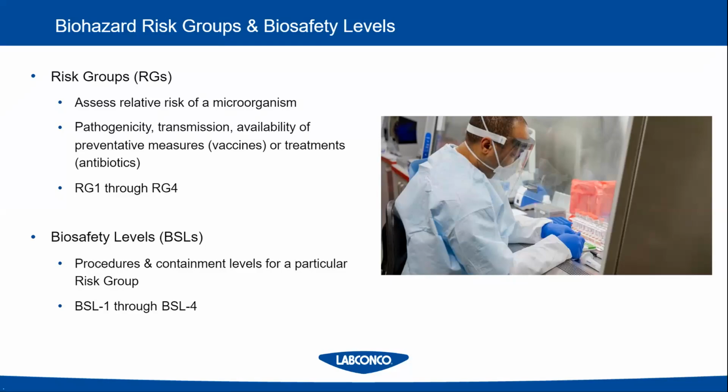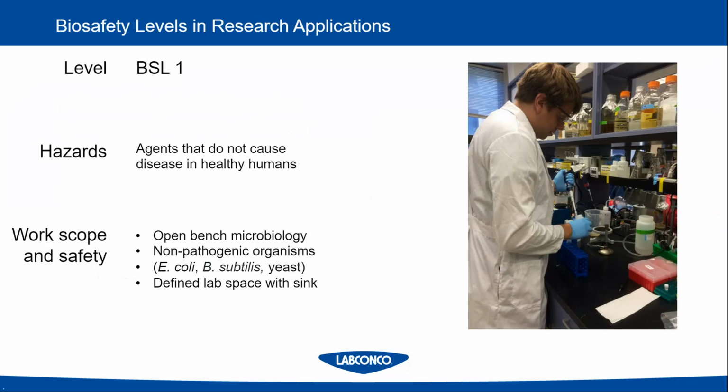And there are 4 corresponding biosafety levels that are used to contain biohazards in these different risk groups. These are BSL 1 through BSL 4, or biosafety level 1 through 4. You're probably familiar with these terms from working in biosafety level labs. Usually BSL 1 or BSL 2 are pretty common in academia and other research settings.